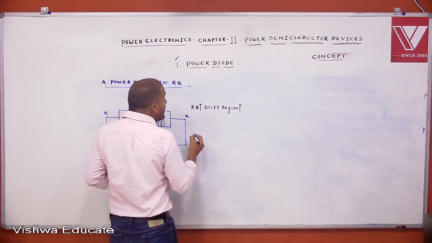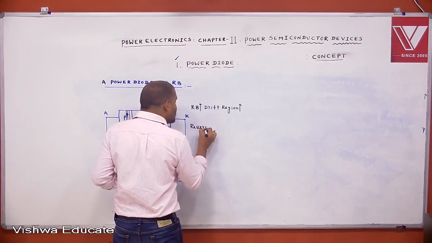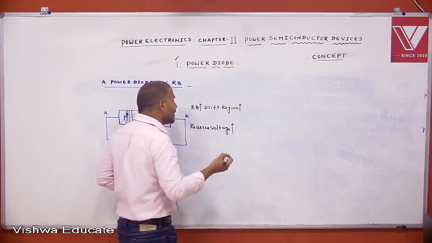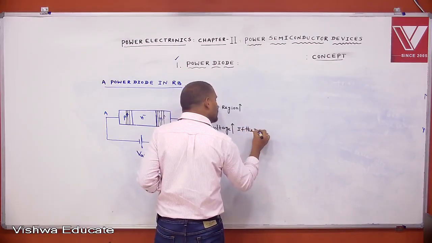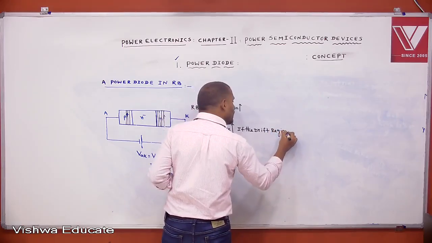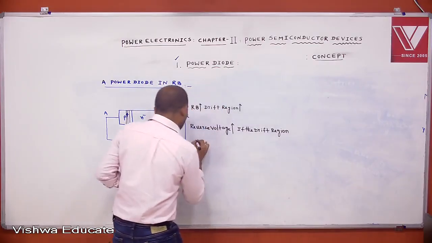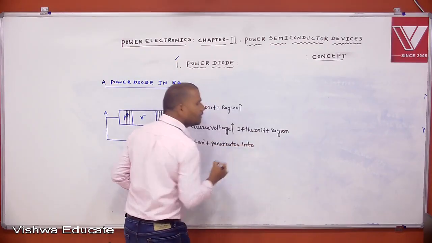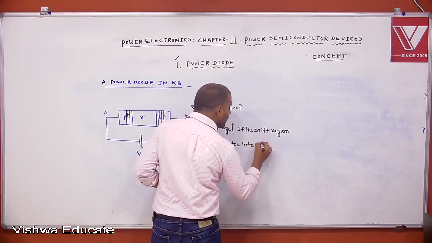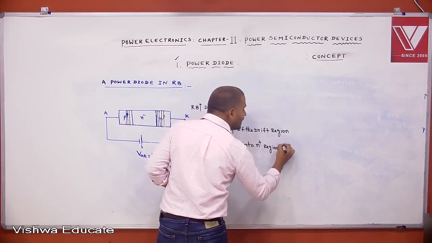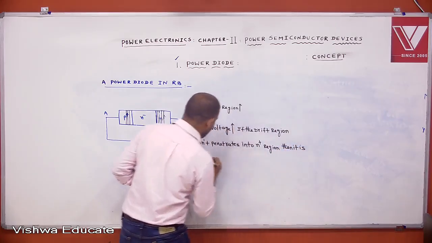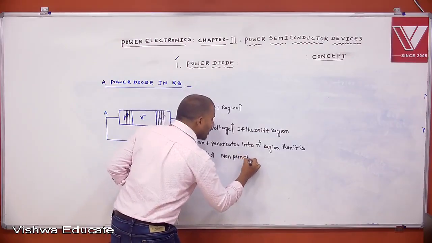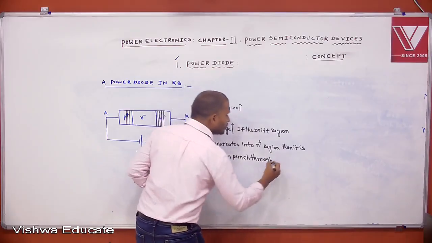Understood or not? That means if the reverse voltage is applied and increased, and the drift region cannot penetrate into the N plus region, then it is called a non-punch through diode.